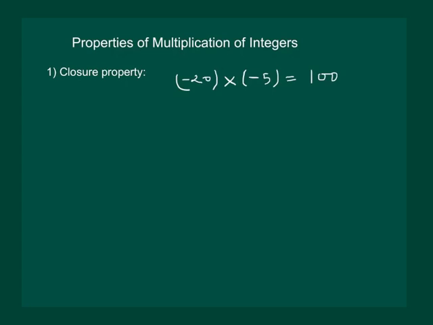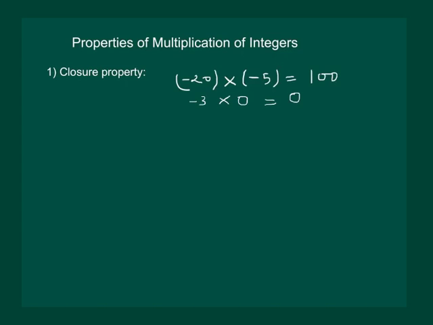Let us take some more examples and try to find out if we have any pair of integers whose product is not an integer. Say we take minus 3 into 0. Our answer is 0, which is also an integer.